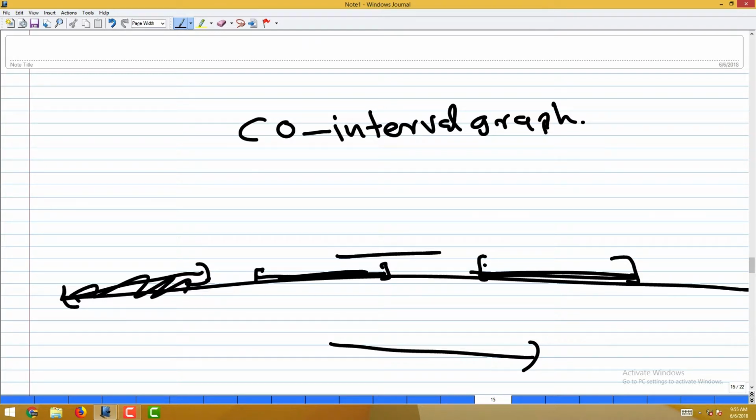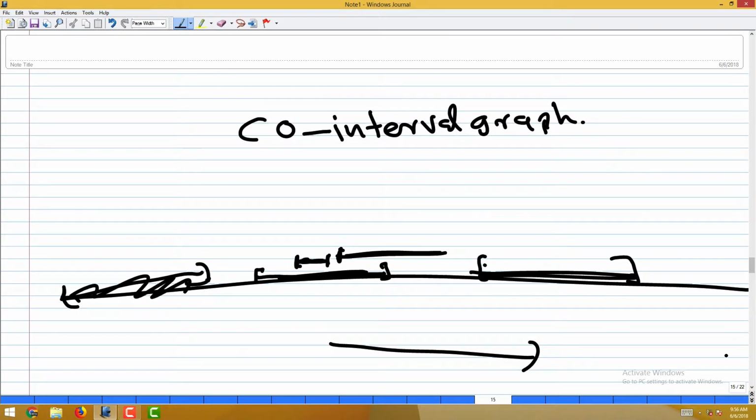But if they intersect, it is difficult to tell, because you will start telling with respect to the start points, but then it is possible that something is inside and all kinds of confusions will be there. You can try to cook up orders there, but it will be more complicated. But here there is no complication, it is very simple, because they are not intersecting, one should be completely to the right of it or completely before it.